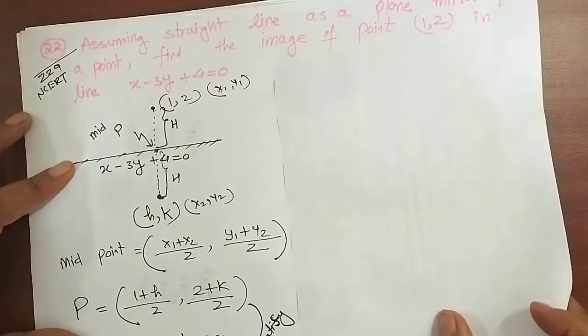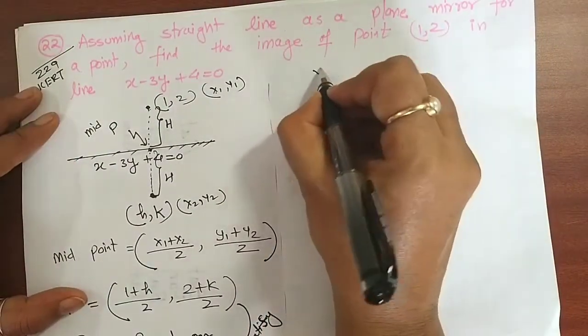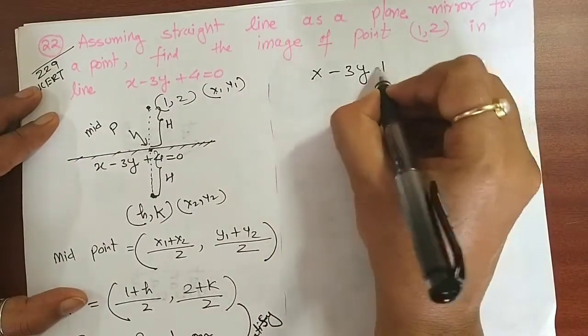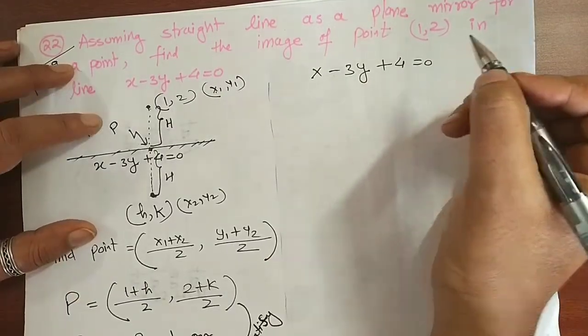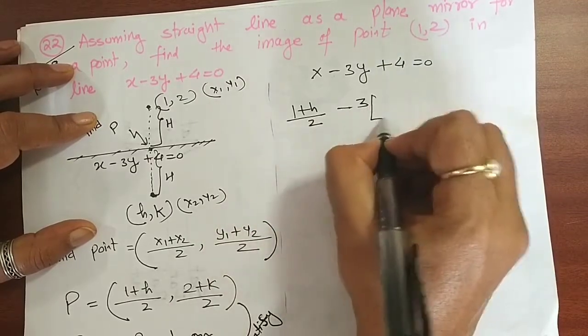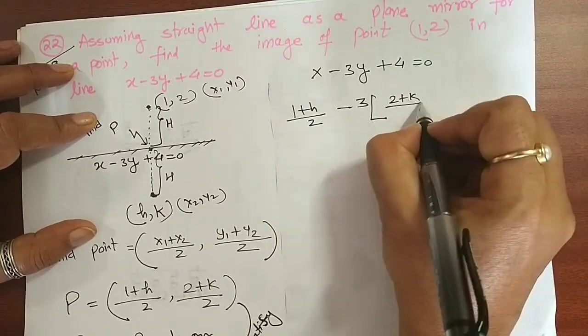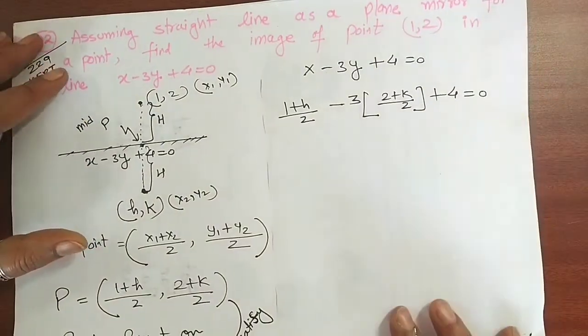Correct? So I will put these points on the given line. x minus 3y plus 4 is 0. For the midpoint, I am getting (1 plus h) by 2 minus 3 into (2 plus k) by 2 plus 4 is 0.